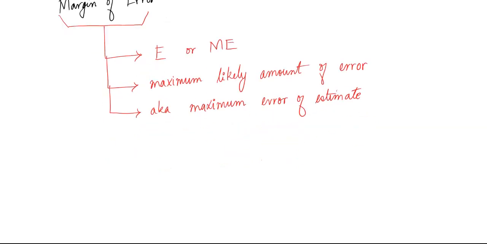So how do we find this? There's a formula for this, okay? So E is given to be E or ME equals Z alpha over 2 times the square root of P hat Q hat divided by N. Okay?